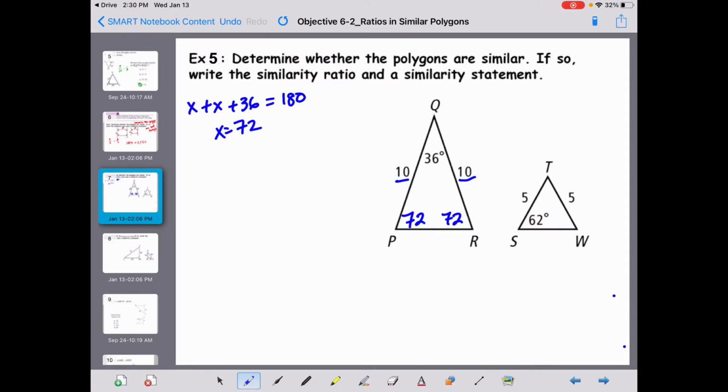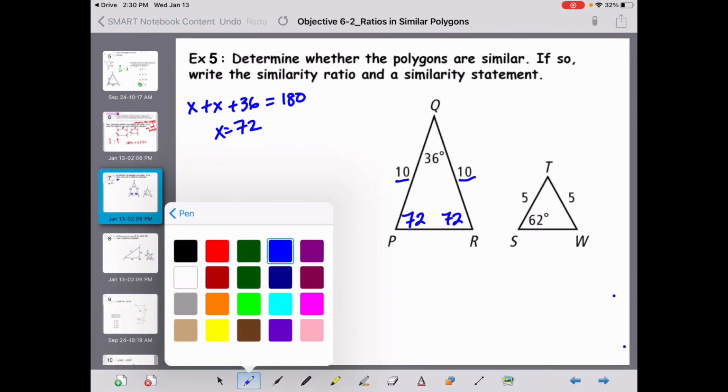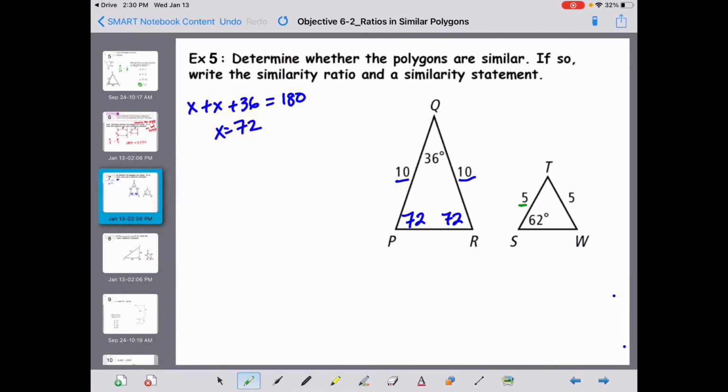Okay. If those angles are 72 degrees, same kind of thing with this other triangle. Let's look at it. I got a 5 and a 5. So if two sides of a triangle are congruent, I've got an isosceles triangle. That means that both of these angles down here at the bottom would be congruent. Both of those angles are 62.